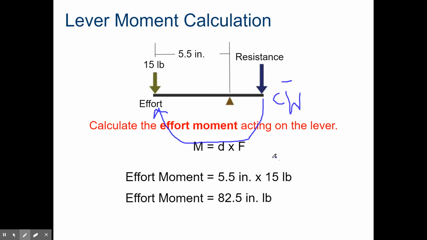So if we knew the distance here and we knew the resistance force here, when we multiply them together, this resistance force would be negative, so we would get a negative moment. But just know this: clockwise, negative moment. Counterclockwise, positive moment.